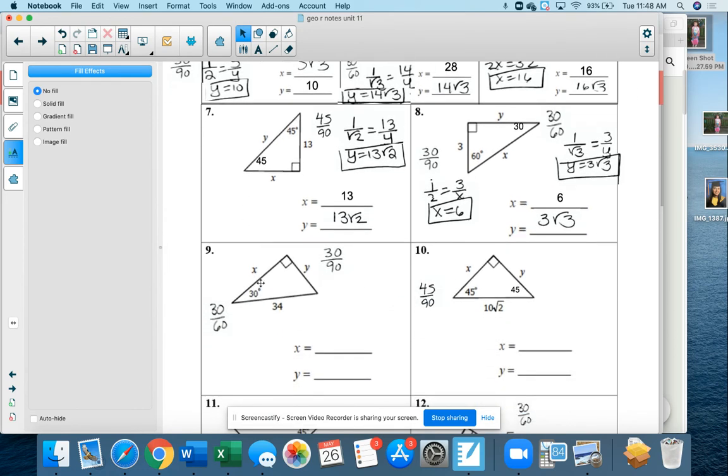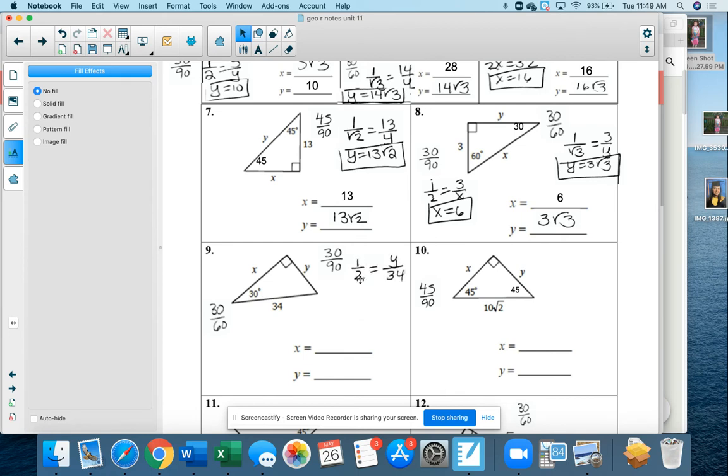So number 9, they give me the hypotenuse, so I got to start with that. I got to start with something that has a proportion with the 90 in it. The proportion for the 30 and the 90 is 1/2. So 1 goes on top, 2 goes on the bottom. The side across from the 30 is y, and the side across from the 90 is 34.